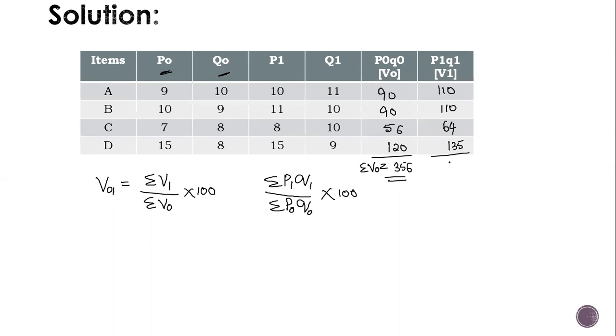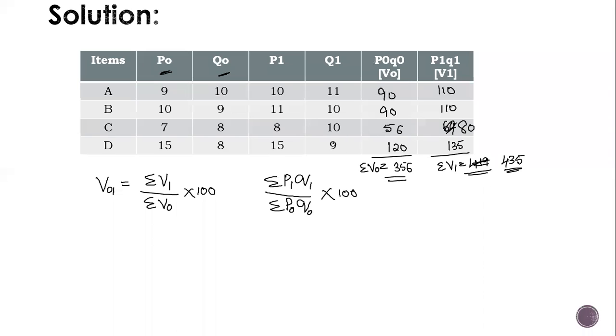What is the total? 419. That is summation V1 will be 419. Some are saying 435, some are saying 419. Your 8 into 10 is 80, so it is 435. The answer is 435.